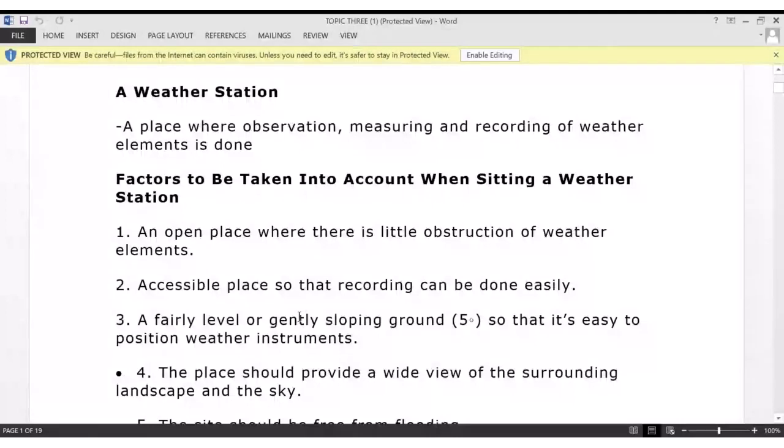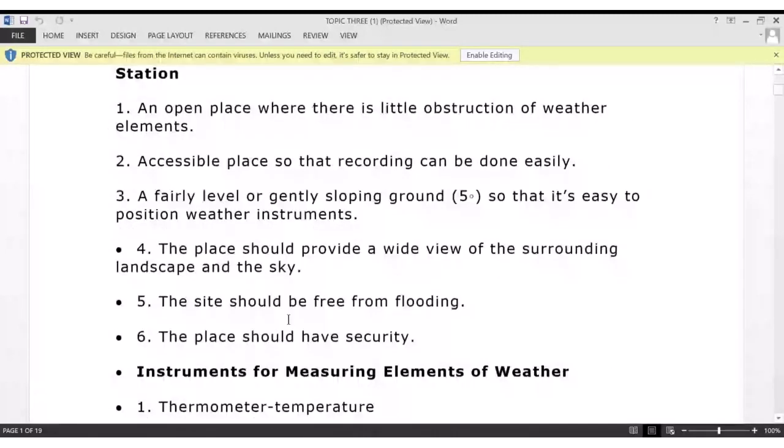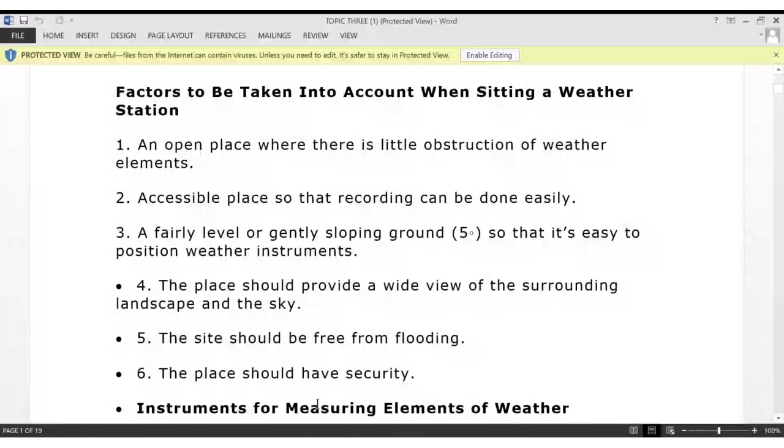Now we want to look at the factors that are considered before setting up the station. Point number one, an open place where there is little obstruction of weather elements. Another one, we have accessible places so that recording can be easily done.